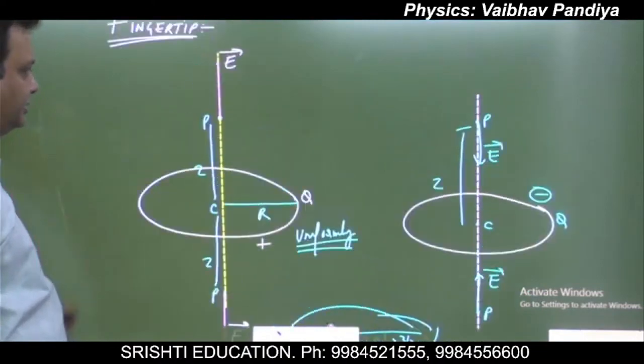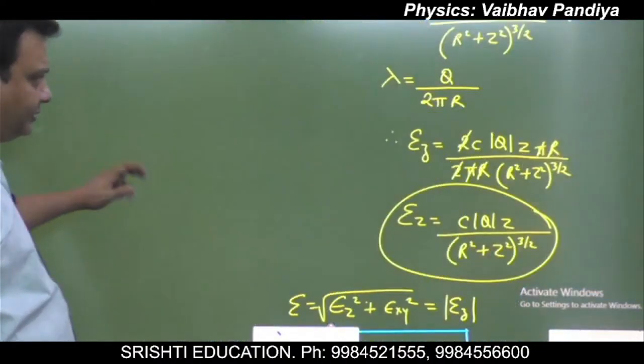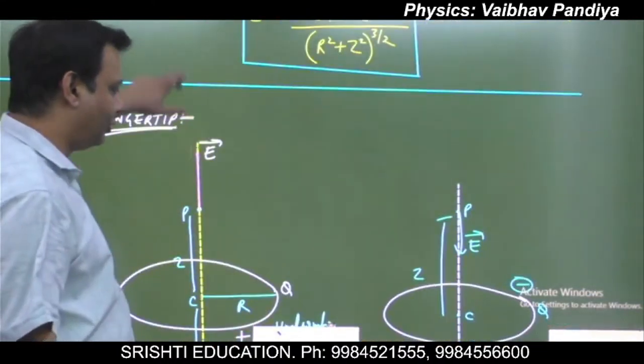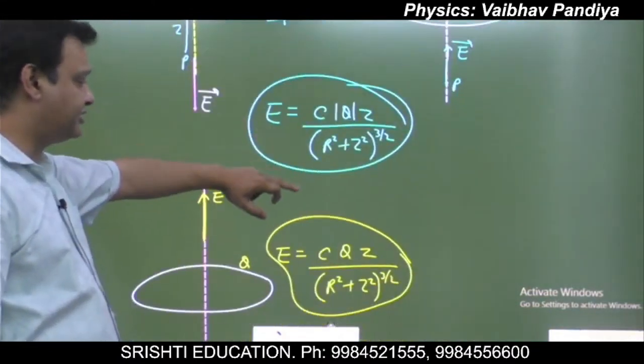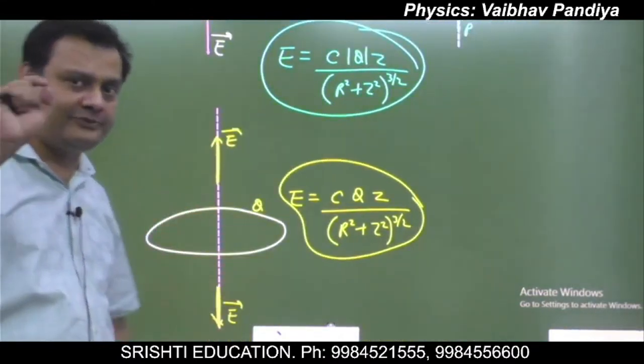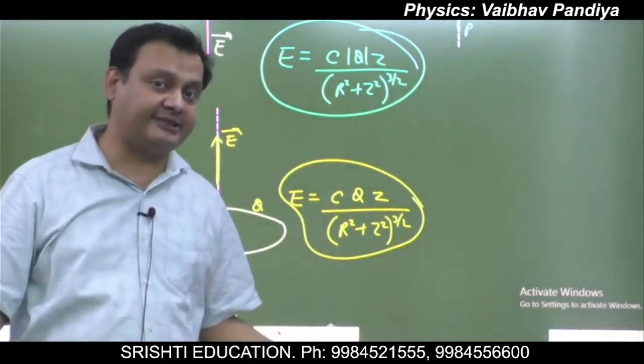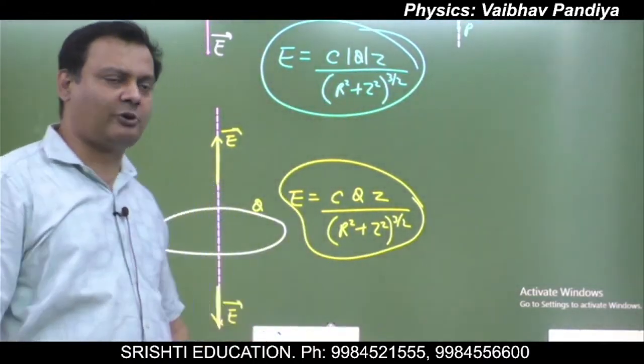Got it? Now, in the second lecture of this, we will see how to plot the graph of E versus Z, and we will see what will be the value of Z where the field will be maximum. For that, we will use the concept of maxima minima.